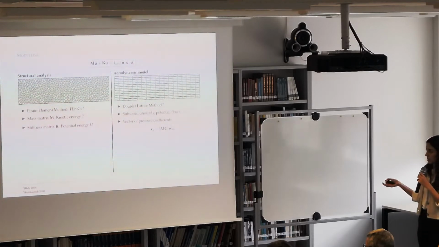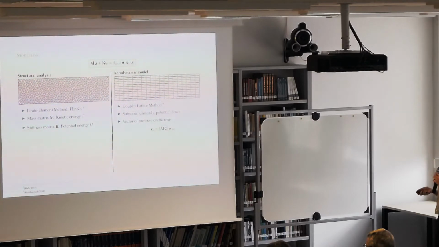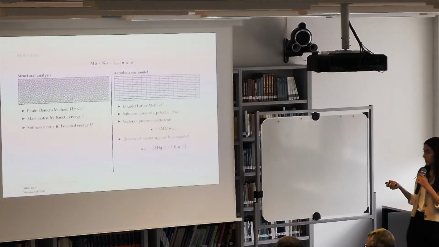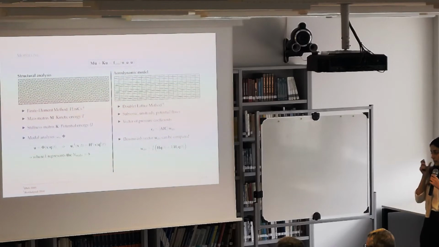It is mainly based on describing the vector of pressure coefficients as a function of downwash vectors given a matrix called the aerodynamic influence coefficient matrix. The downwash vector can be expressed by the temporal and the spatial derivatives of my displacement, but I have to first calculate these displacements using my structural analysis.